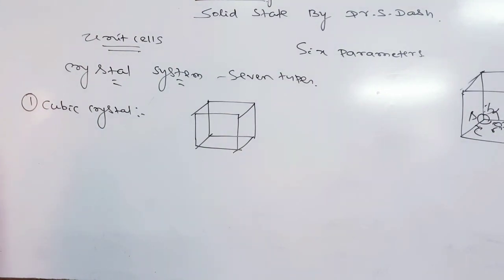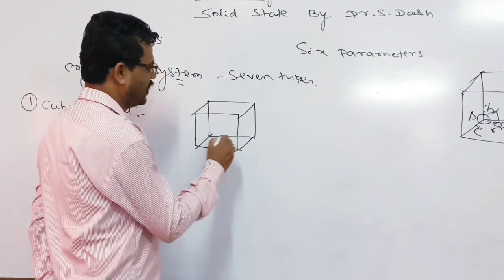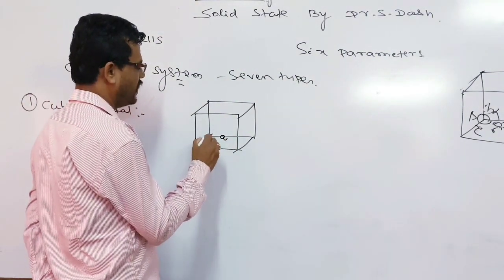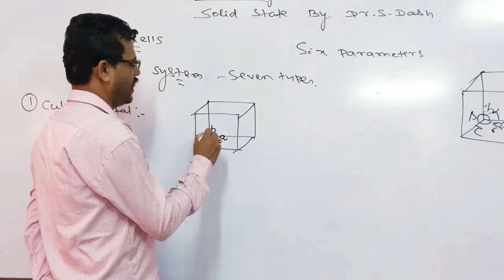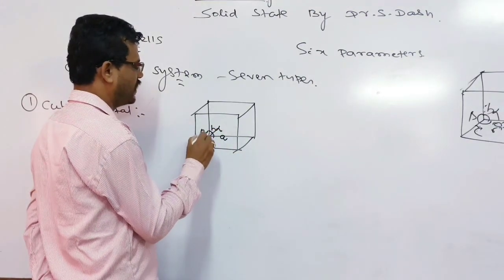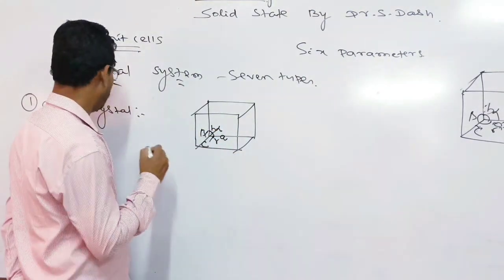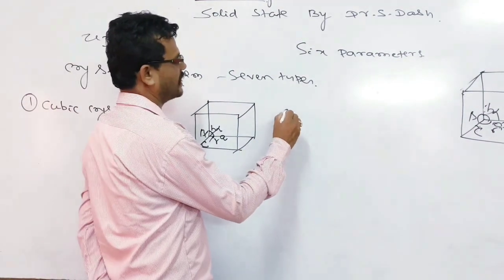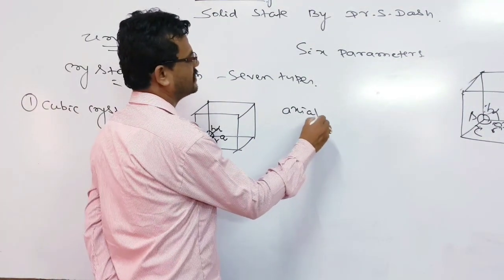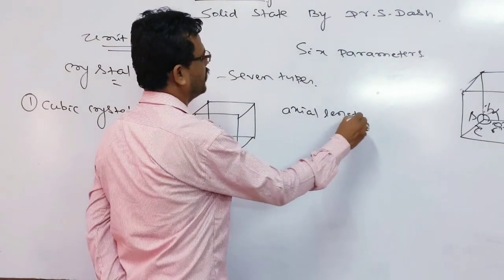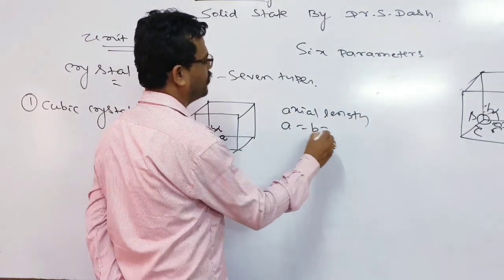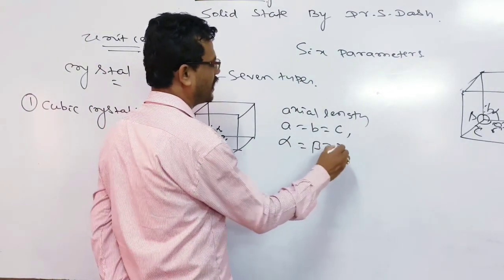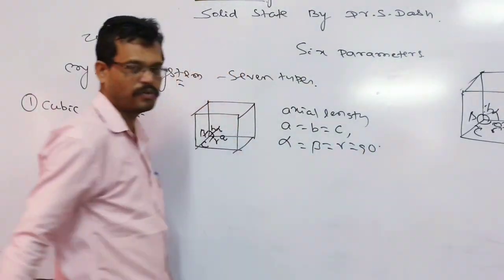So the edge lengths A, B, C are equal, and the angles alpha, beta, gamma are also found to be 90 degrees.